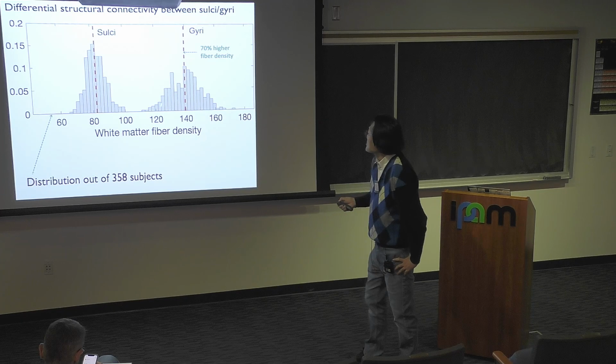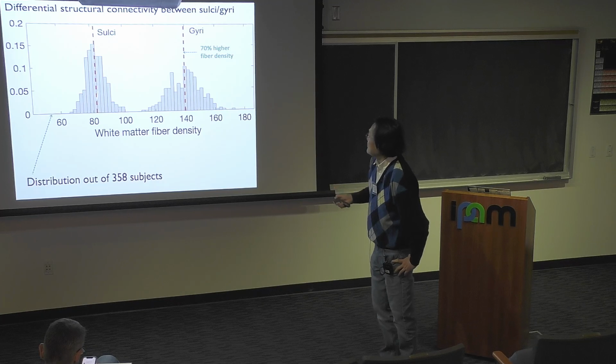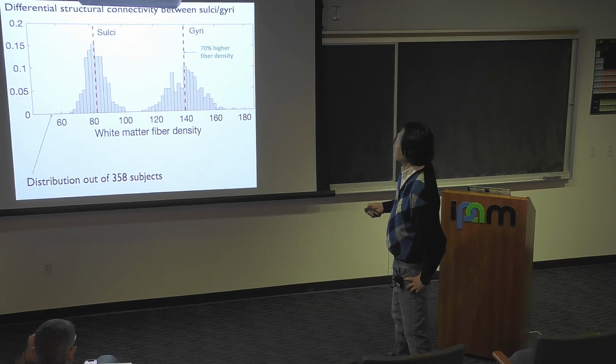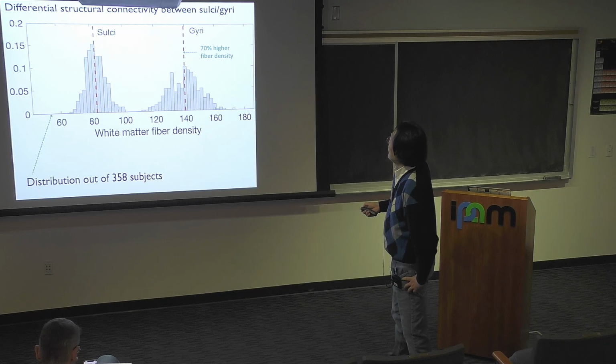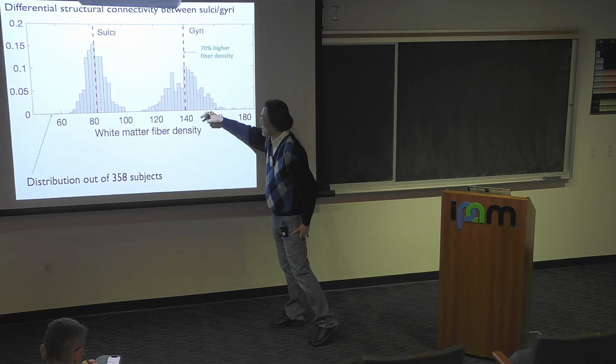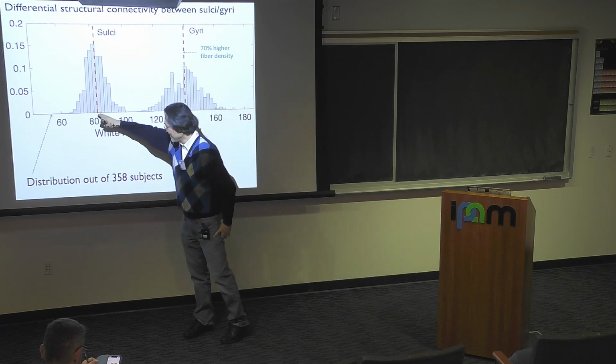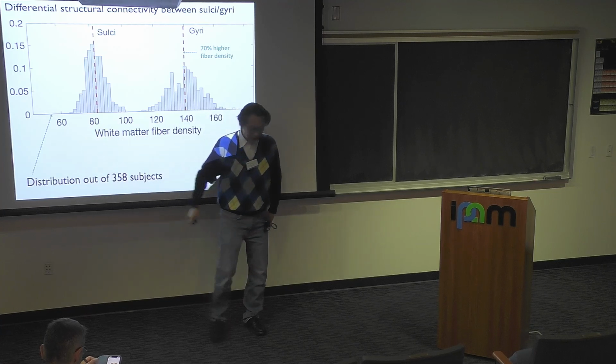Then we get this kind of surprising result. This is a sulcus. You actually have a more dense connection in the mountain region of the brain compared to the valley region. This is a known result in the literature.